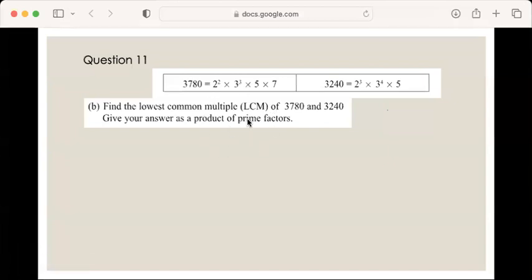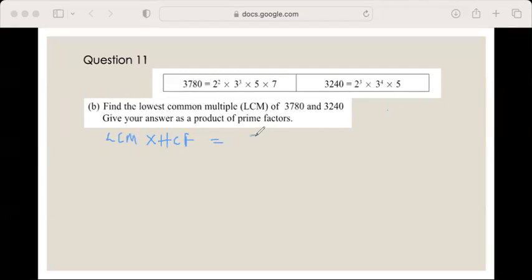Right, now in this one, either you can multiply the factors and use the normal way, or you can use the formula method, which I explained to you. You are given the two numbers and you already found the highest common factor, right? So LCM times the highest common factor is equal to the product of the two numbers.